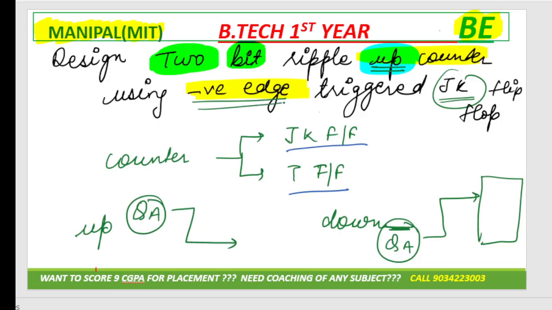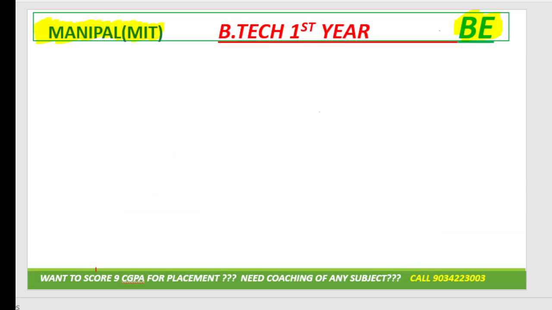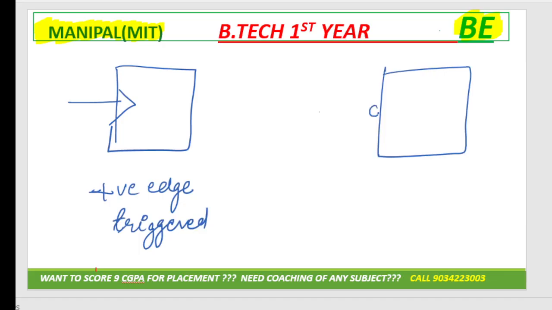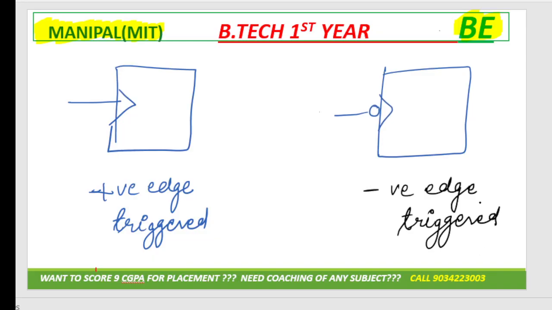Now they are saying negative edge triggered flip-flop. So we'll have two types of flip-flop clock pulse. One is the positive edge triggered, and this one is the negative edge triggered clock pulse.